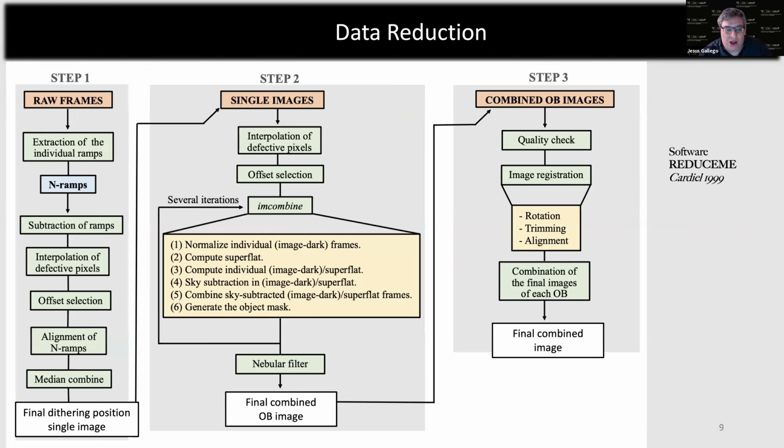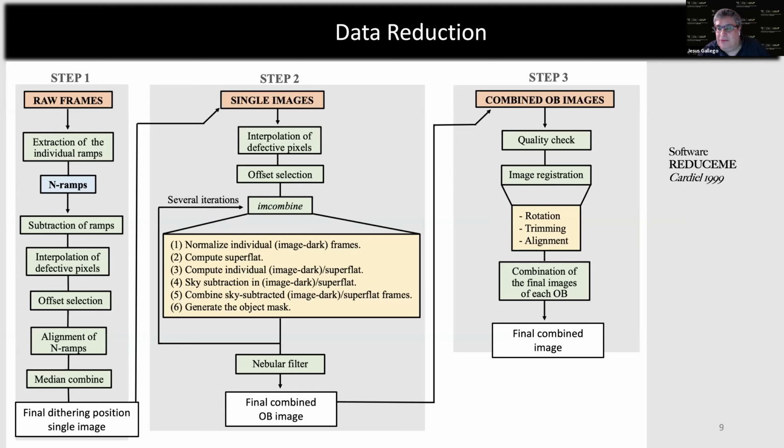The data reduction was pretty complex because there were a lot of systematic effects and problems related with the instrument. So it was divided into 3 main steps. The first step would produce a final single image at each different dithering position. The second step would produce a final combined image for each of the observing blocks.